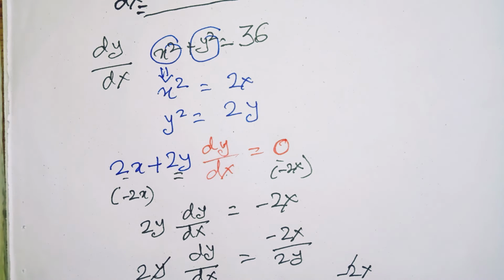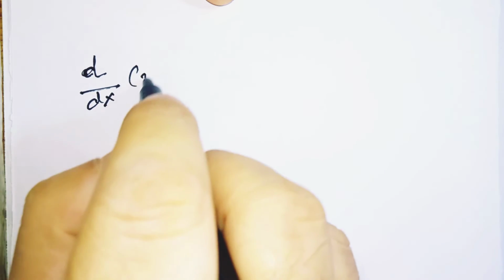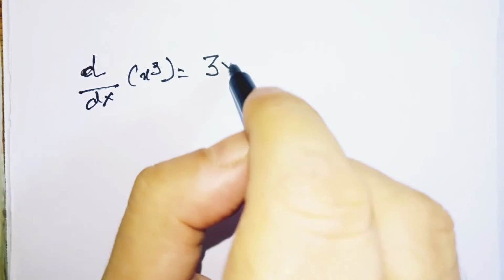Now, say for example, I will give a very simple example. If I write d by dx of x cube, obviously this becomes 3x squared.